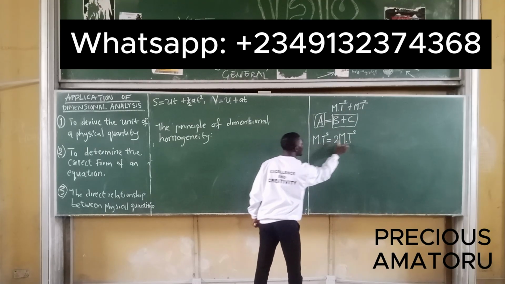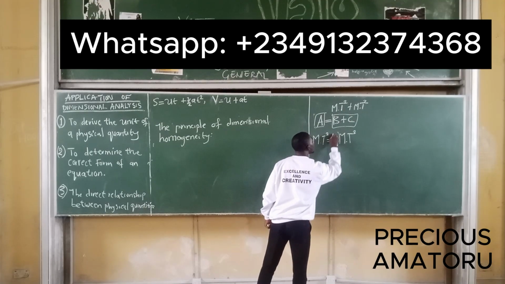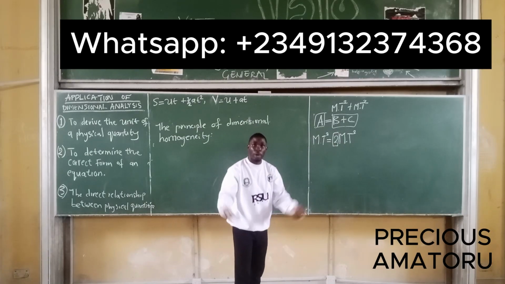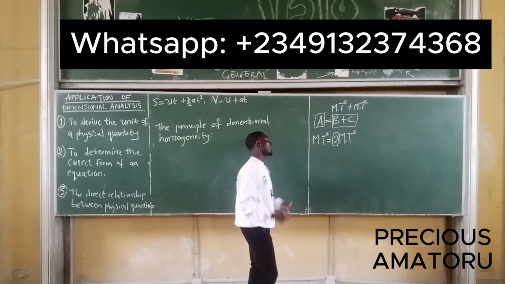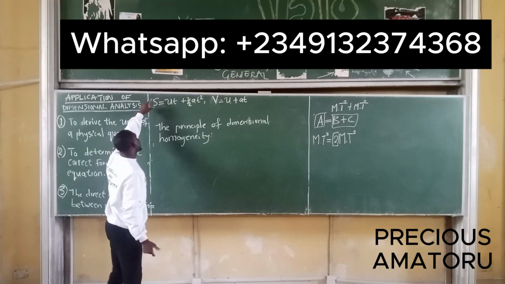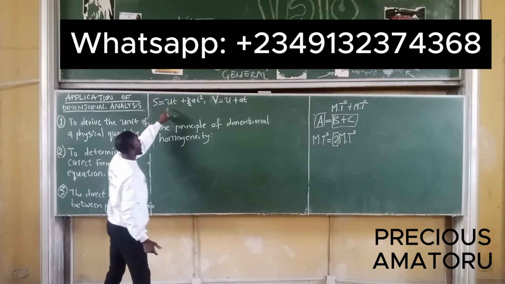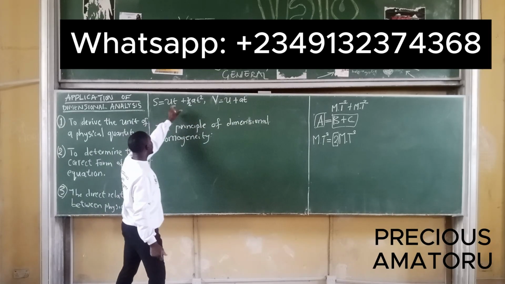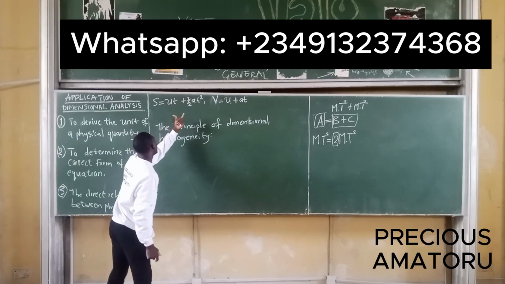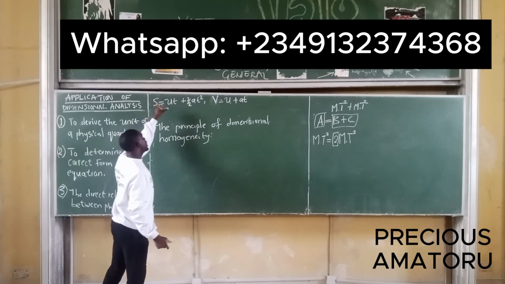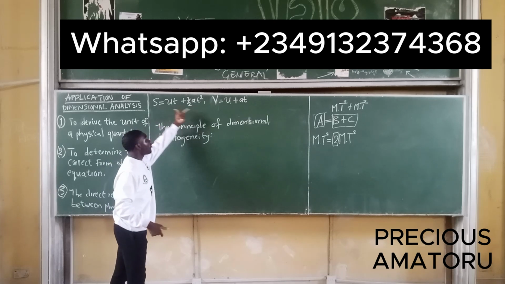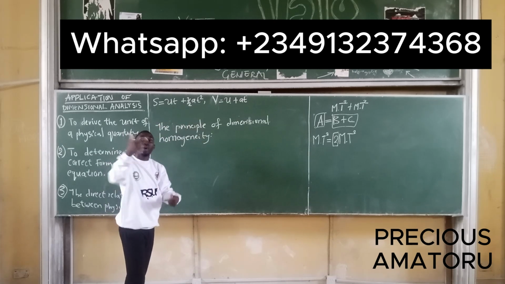So provided this and this are equal, irrespective of this value, this equation is said to be correct. So with this idea, we can now put down the dimension of this and resolve the dimension of this expression. If what we have here is the same thing as what we have here, then the form in which you have written the formula is said to be correct.